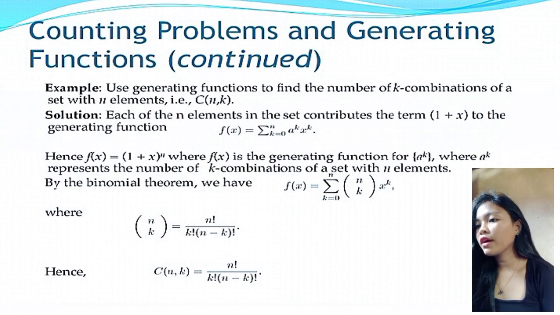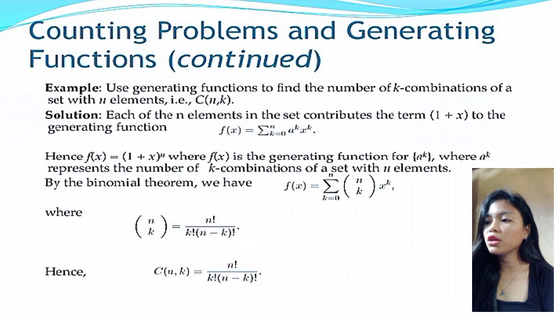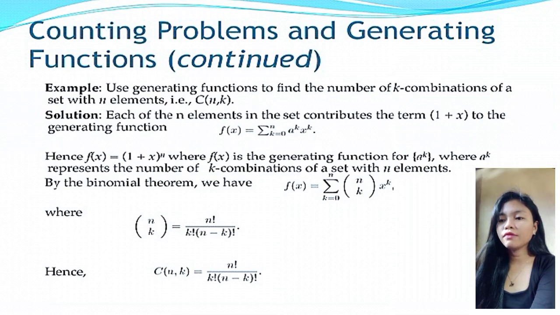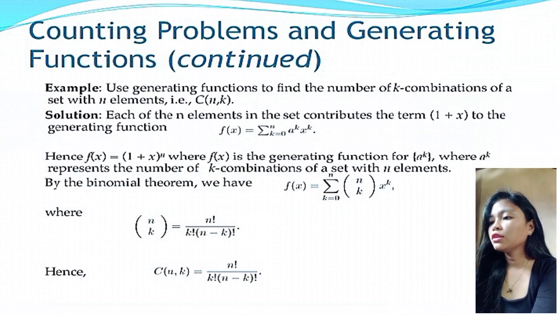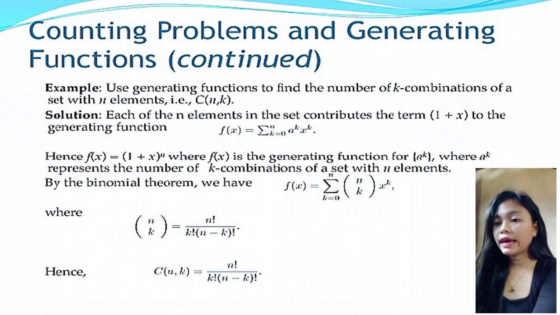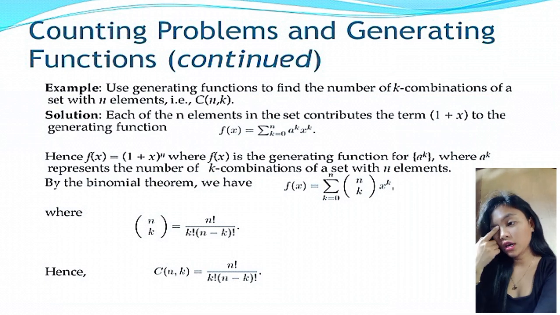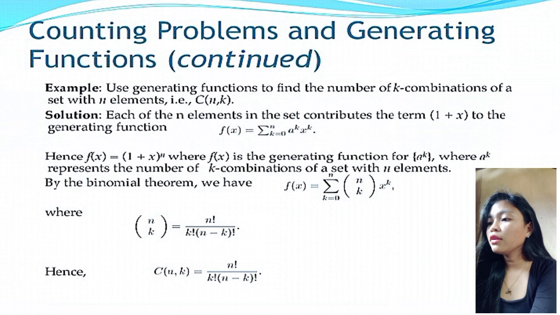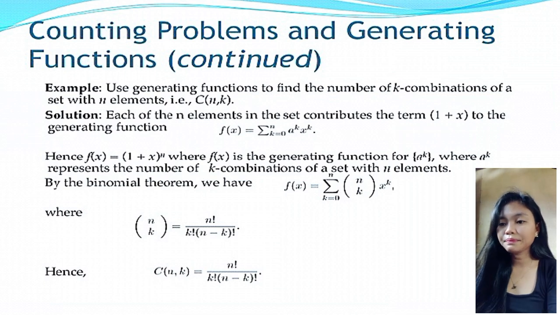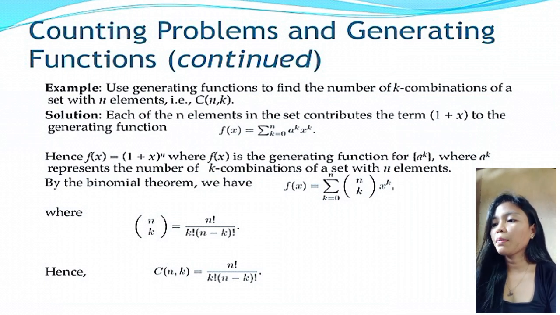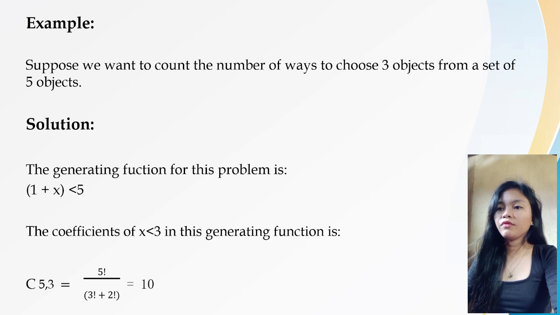F of x equals the sum from k equals 0 to n of a_k x^k. Hence F of x equals (1 plus x)^n, where it is the generating function for a_k, and a_k represents the number of k-combinations of the set with n elements. By the binomial theorem, F of x equals the sum from k equals 0 to n of C(n,k) x^k. So here we have an example of counting problems with generating functions.